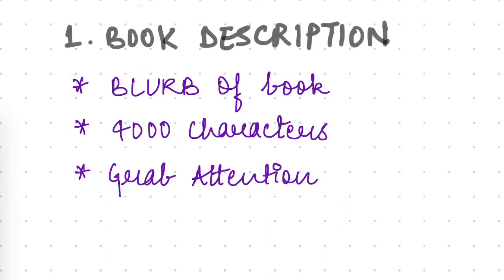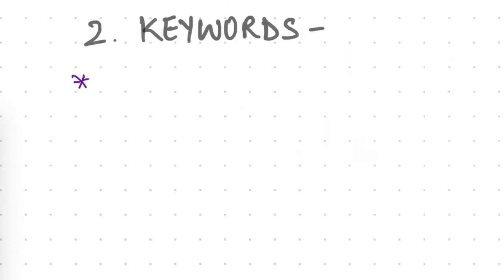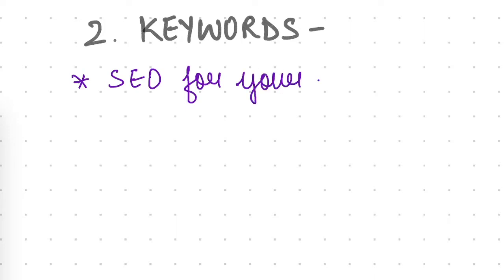Now, let's discuss the second one, which is keywords. What do keywords really help us in? Keywords are basically considered search engine optimization for your book on Amazon. It is also called SEO, if that is something you are familiar with. So, SEO, or search engine optimization of your book on Amazon, and that is the reason why they become very much more important.